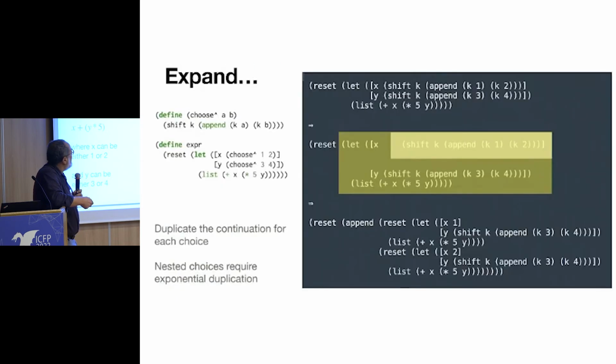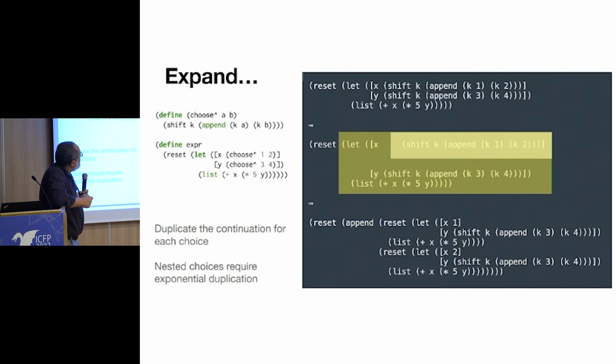Okay, so let's get a little bit more detailed. This is my one explanation of continuations. I copied the expression here and inlined the choice, so you can see it all in one slide, one expression. So what's happening here again is if you start evaluating this, there's a reset, okay, nothing happens, let, blah, blah, blah. The first thing to evaluate is that.